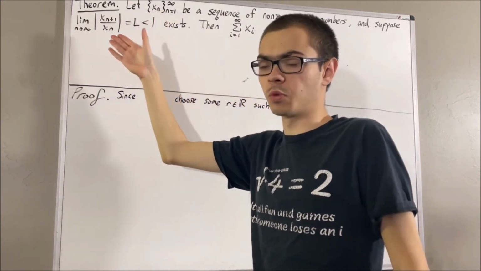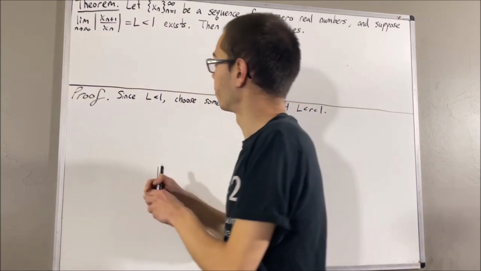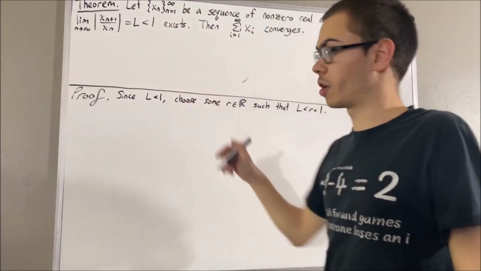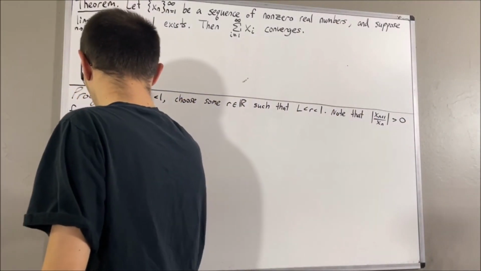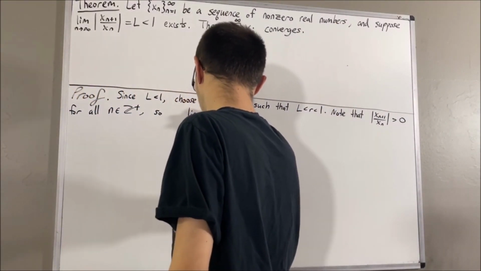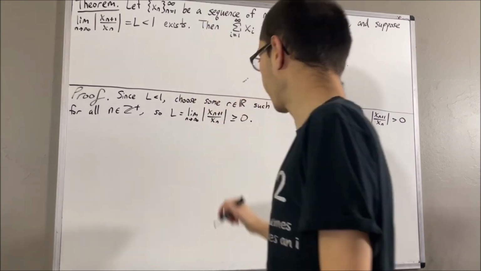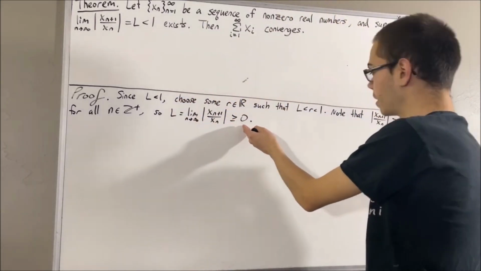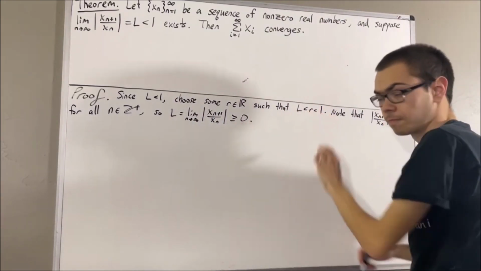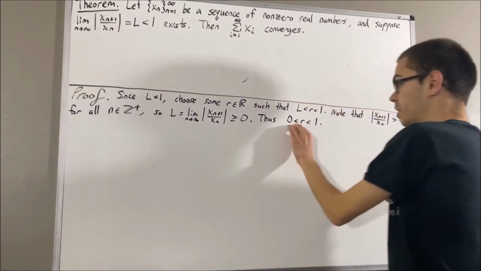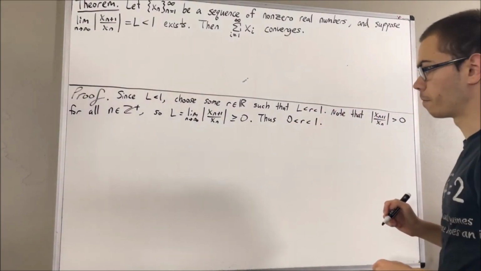If you recall, that's one of the properties of limits. So L is greater than or equal to 0. Since L is greater than or equal to 0, this tells us that R lies between 0 and 1. Right? This is going to be important throughout the rest of our proof.